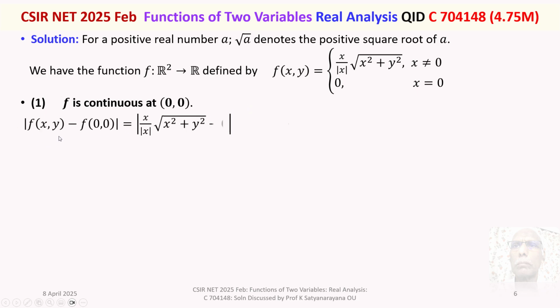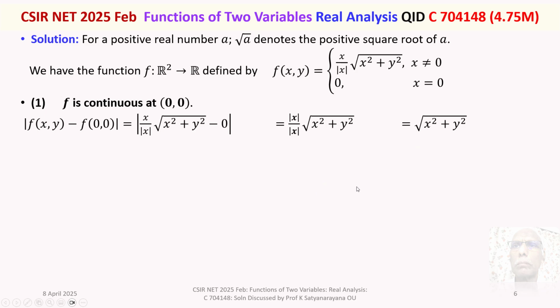Mod of f of x comma y minus f of 0, 0 is equal to modulus of x by mod x multiplied by under the square root of x square plus y square minus f of 0, 0 is 0. And this is equal to mod x by mod x multiplied by under the square root of x square plus y square. We have to take the positive square root only. Right. Mod x, modulus of x cancels and you will get under the square root of x square plus y square.